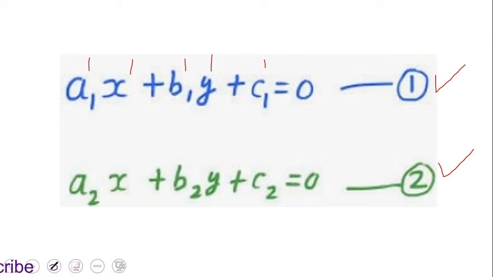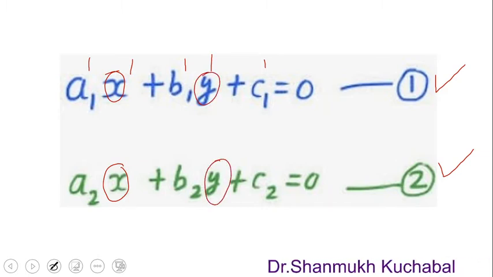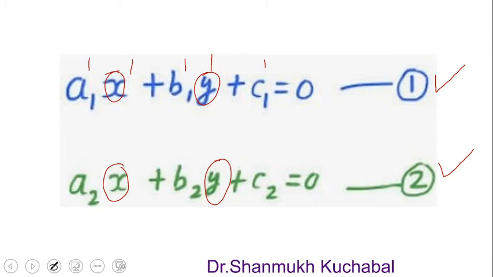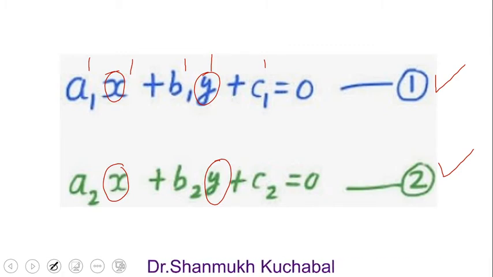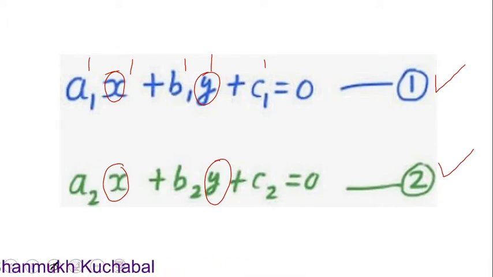Here x and y are called variables, the unknowns we have to calculate. And a1, b1, c1 and a2, b2, c2 are called constants. Today we'll discuss systems of linear equations and how to find a solution.